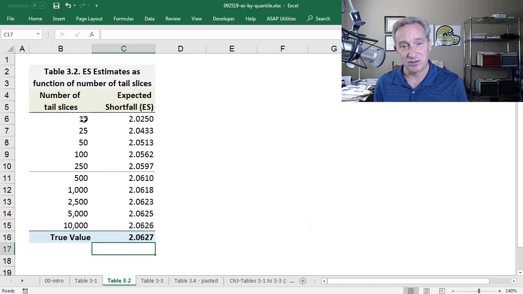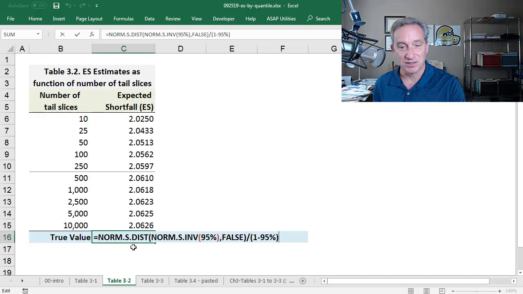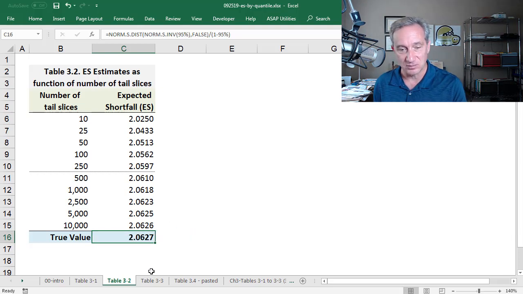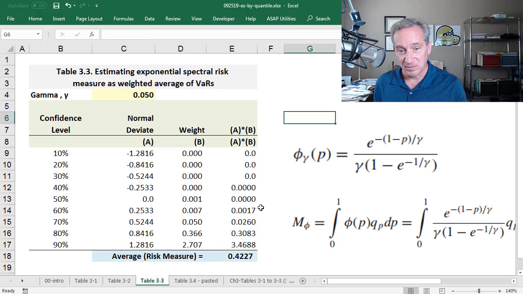Table 3.2, my recreation from Dowd, simply shows that as we increase the number of slices, the expected shortfall increases toward the true value, which we actually know because it's normal. We have a convenient, elegant analytical expression for it. Table 3.3, now I'm changing a little bit, because the previous two tables were expected shortfall.